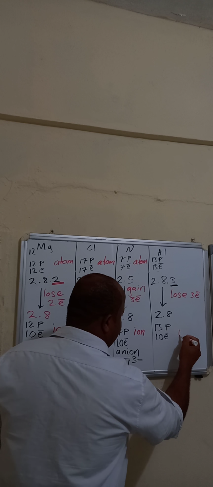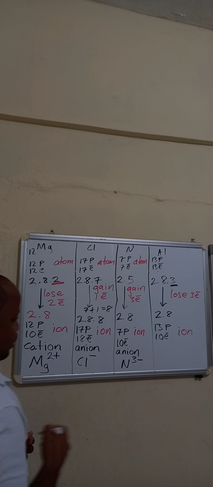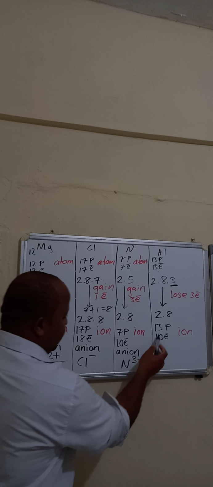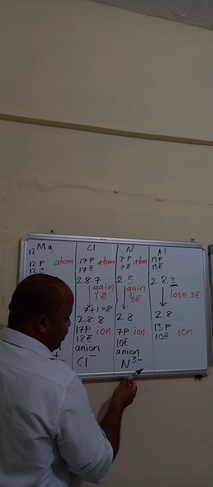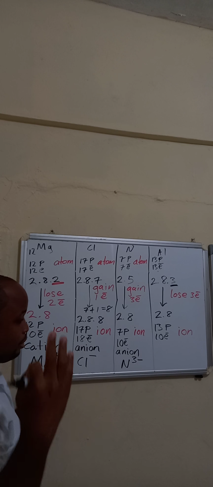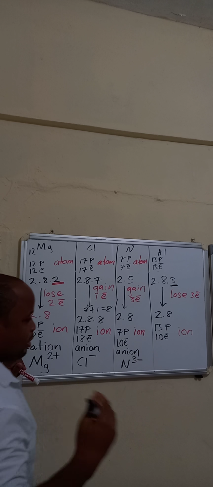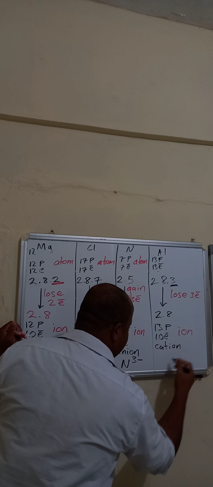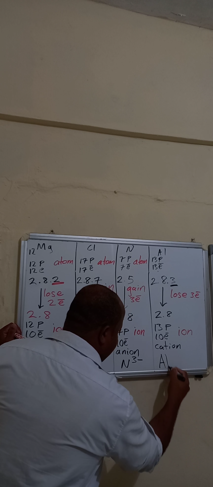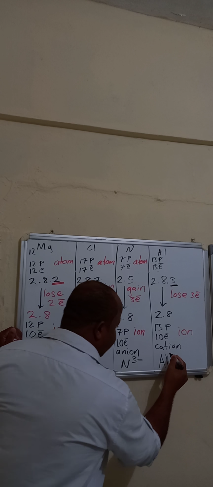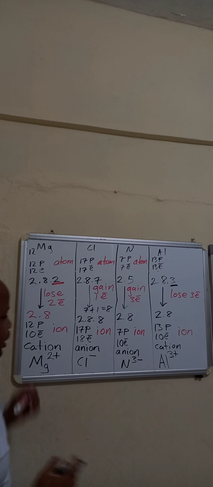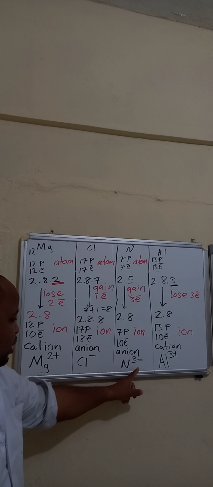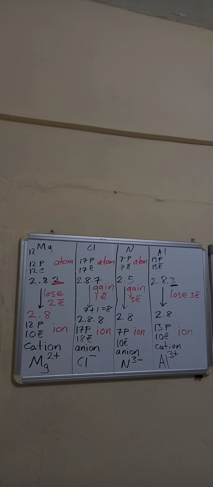And so we have the aluminum ion. Comparing now the protons and the electrons, we can see that the difference between 10 and 13 is 3. And the proton is the greater number. So we have our cation. So aluminum, Al, has 3 extra protons, so it has 3 additional positive charges. Alright? So that is how you would get the formula of your ions when atoms are converted to ions.